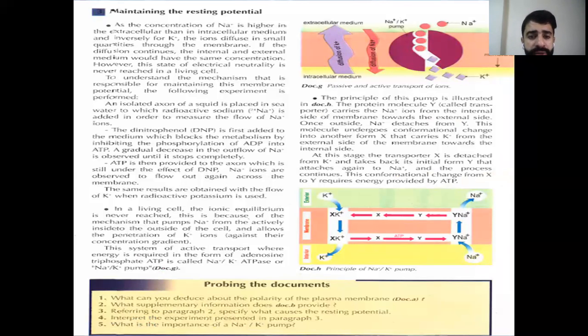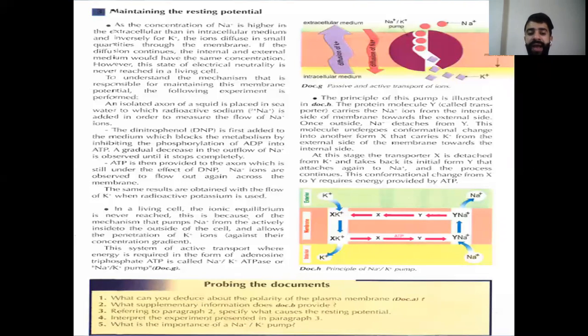Second, we talk about the source of energy inside the cell, which is called ATP, adenosine triphosphate. ATP is the source of energy, and it allows the movement of the ions through a special pump, called the Na plus K plus pump.